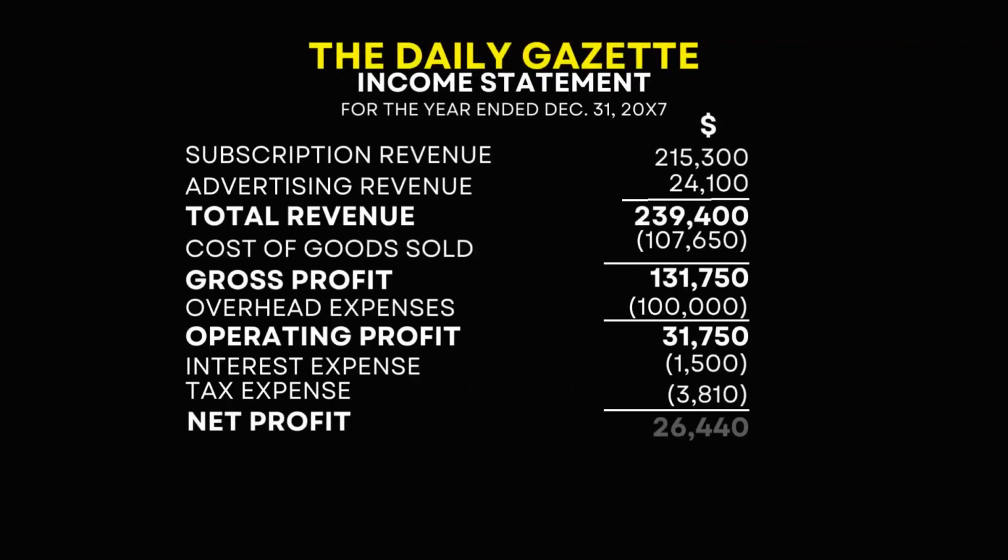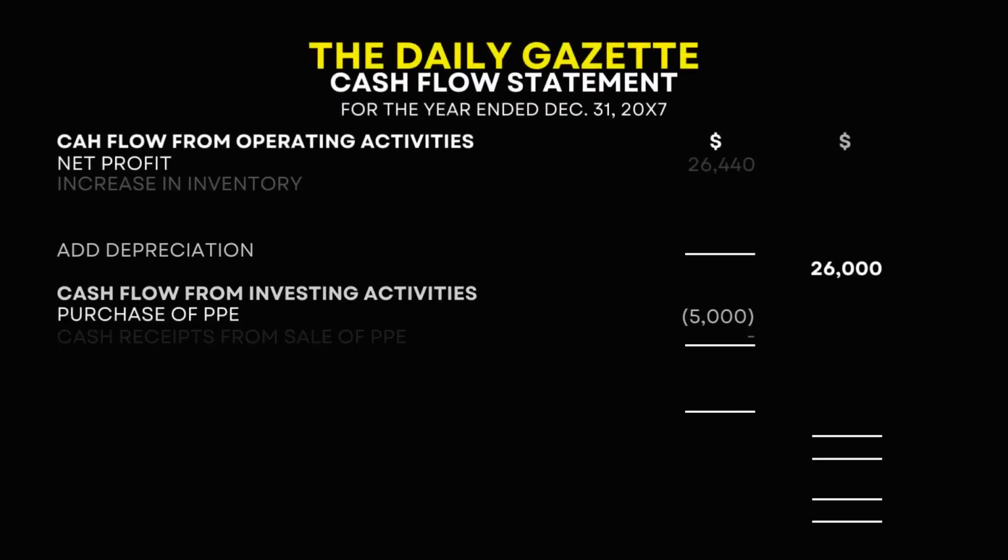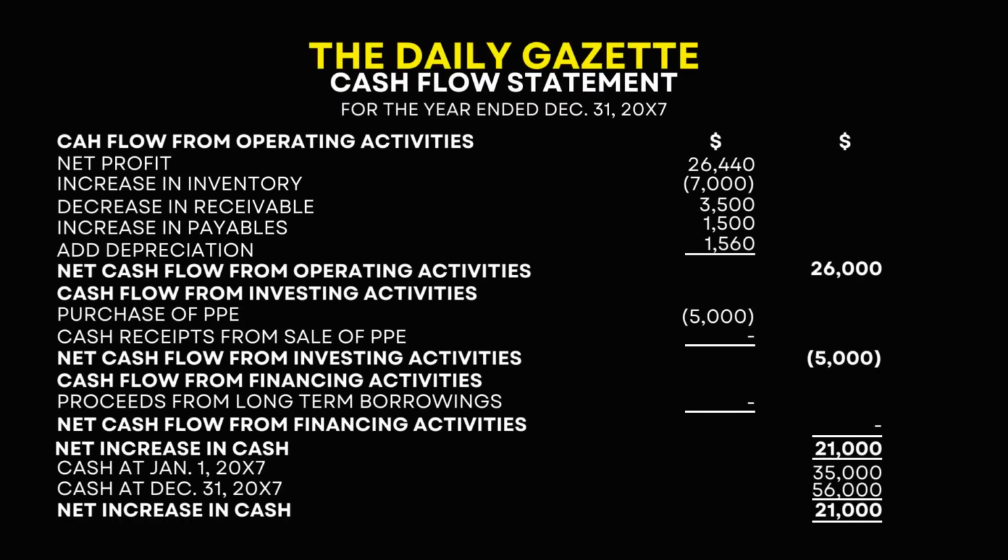The income statement summarizes your business's revenues and expenses over a specific period, providing insights into your financial performance and profitability. In the case of the Daily Gazette, it would cover the previous year and reflect the accrual method of accounting. It's important to note that the income statement focuses on profit, which may differ from cash flow when using the accrual method. The cash flow statement, on the other hand, tracks your cash inflows and outflows during the same period.